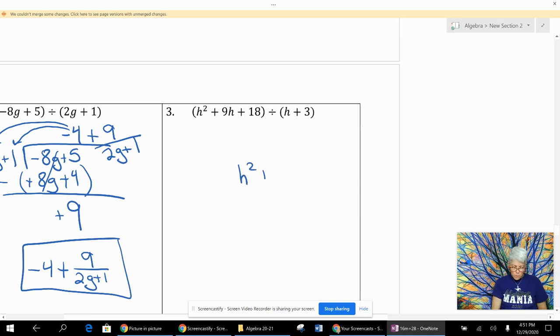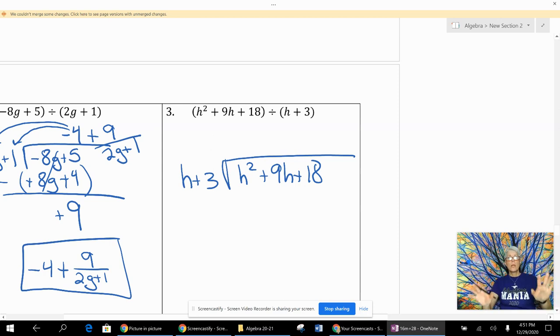h squared plus 9h plus 18 divided by h plus 3. Okay, only look at the first term. Look at the first term of the divisor and the dividend. Just look at the first term. h times what is h squared? h.